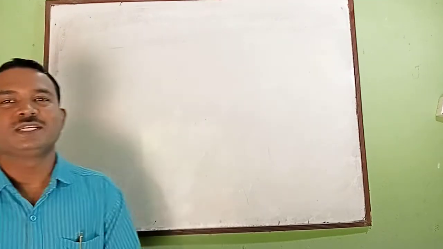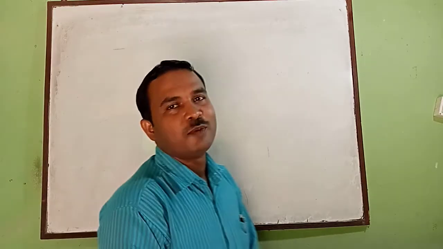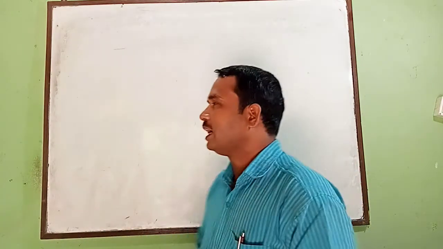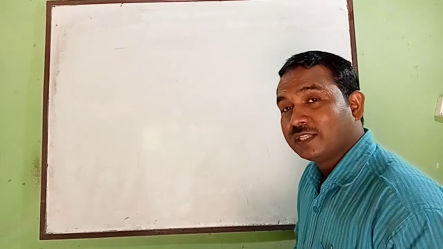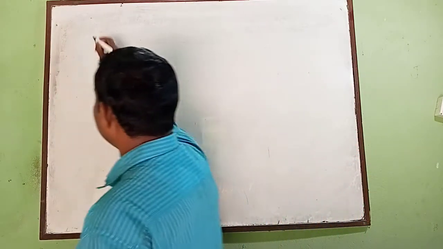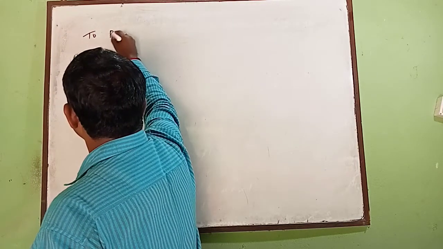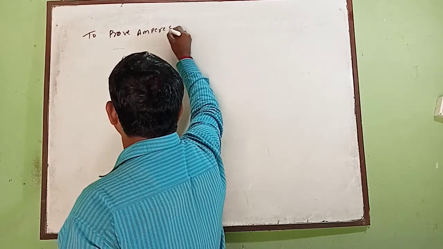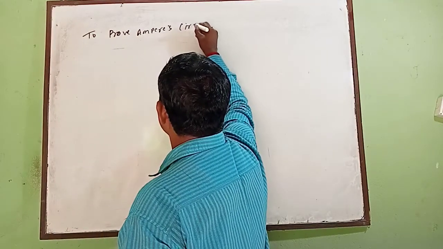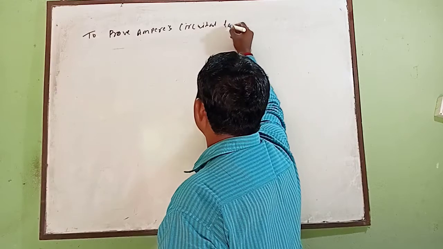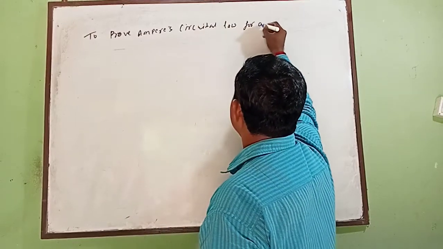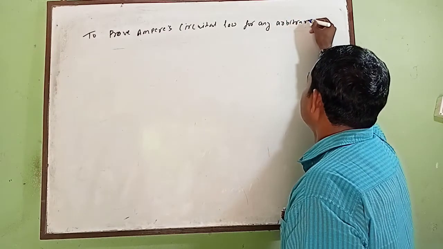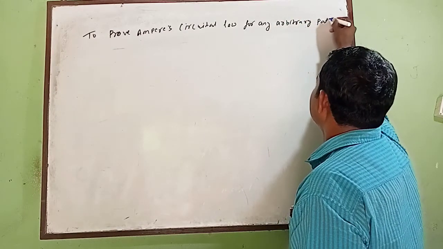Now come to the point. We have another topic related to your Ampere circuital law. It means we have the second part: you have to prove Ampere's circuital law for any arbitrary path.